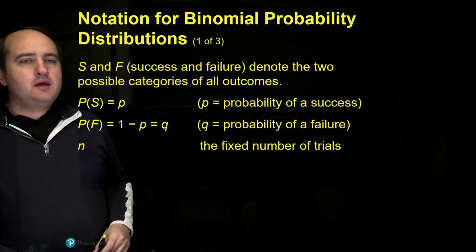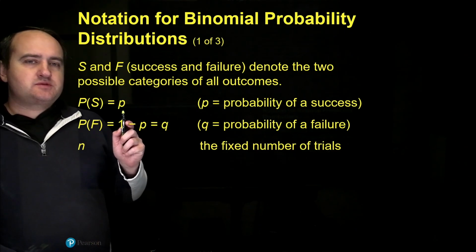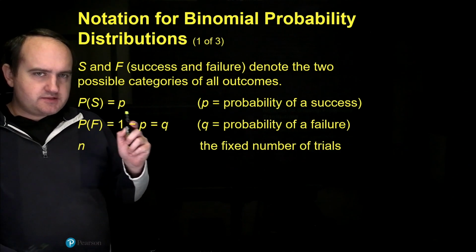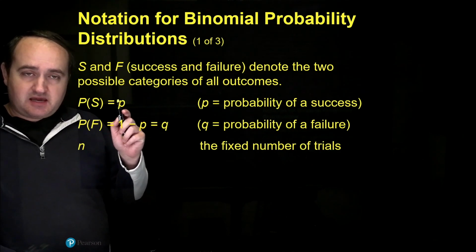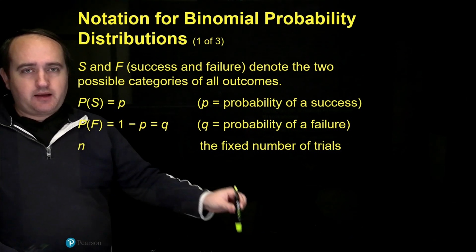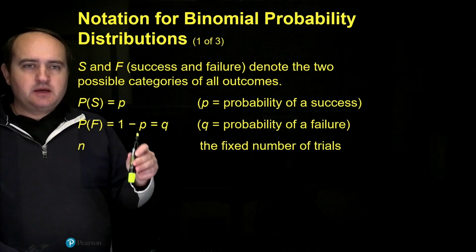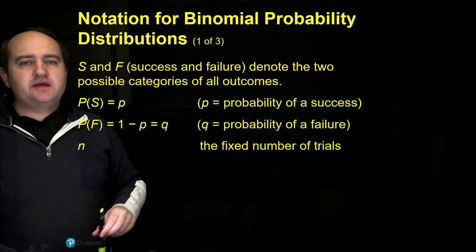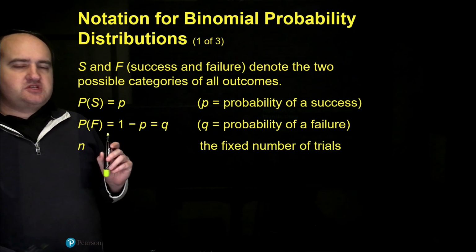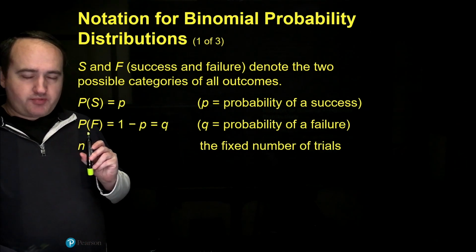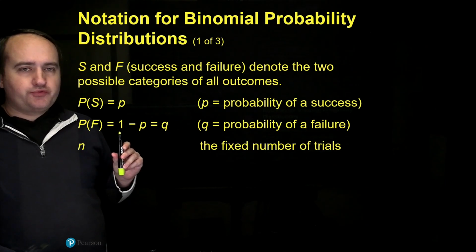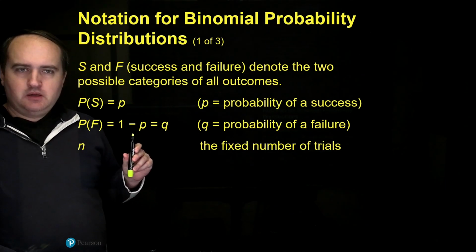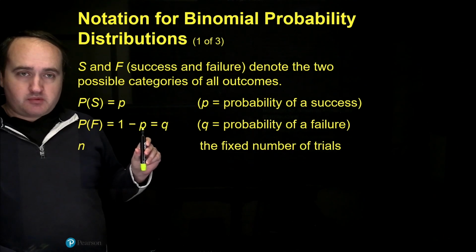But that probability of a success, we represent that with lowercase p, and that has to remain the same in every single trial. So if we have 5 trials, the chances of a success needs to remain the same in each trial. And then the chance of a failure, or the probability of a failure, is equal to 1 minus p. So that's 1 minus the probability of a success.